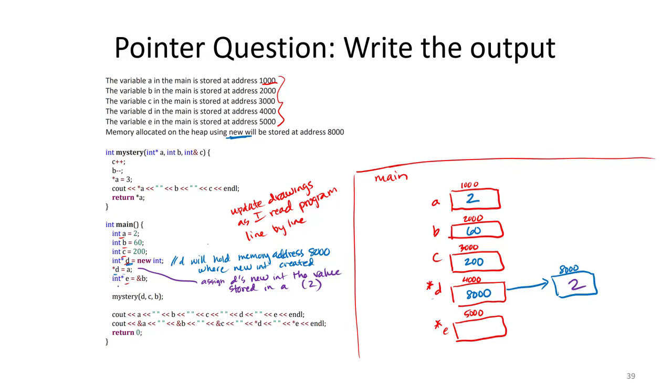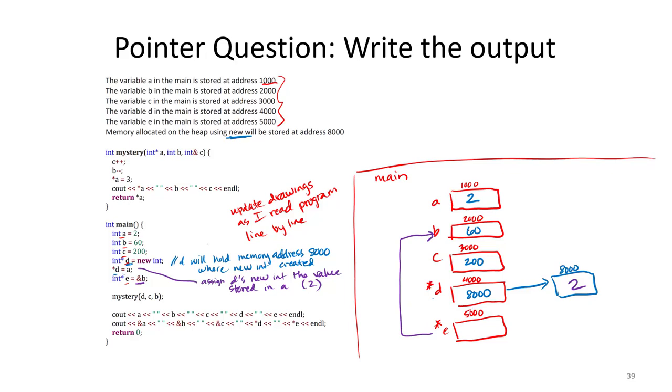Finally, int star e equals ampersand b. Remember, that's the same thing as declaring our pointer e and making it point at the memory address of b. Essentially, what we're doing here is we're taking e and making it point at memory address b.